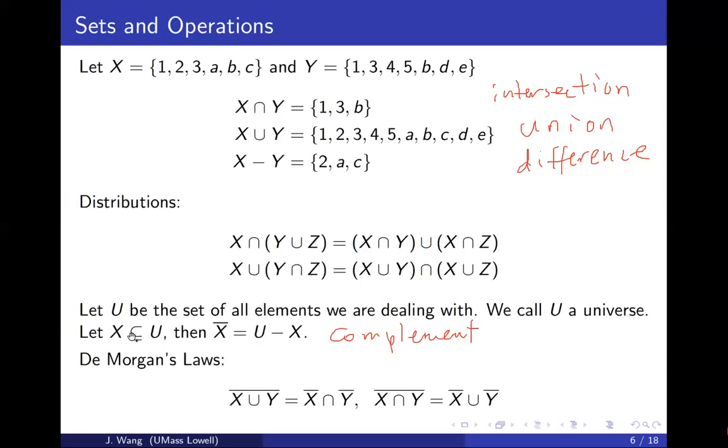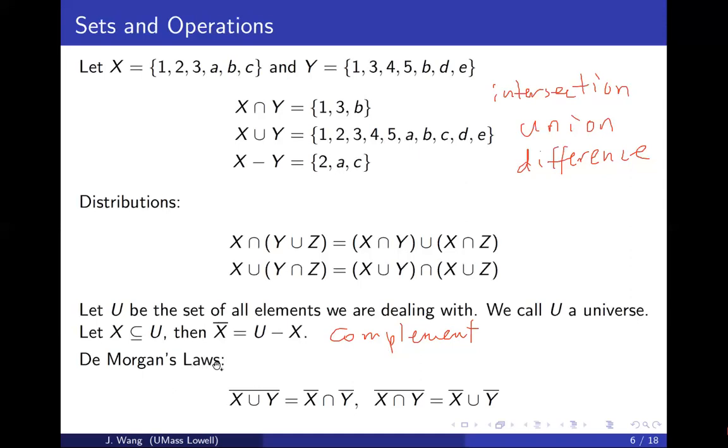Let X be a set in this universe, which means X is a subset of U. Then X bar, or the complement of X, is U minus X. So that is complement.